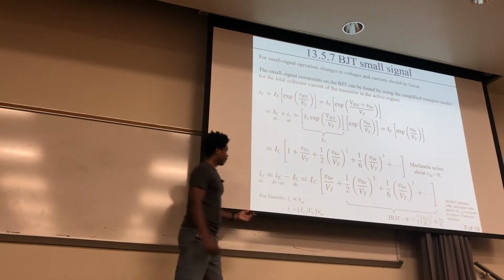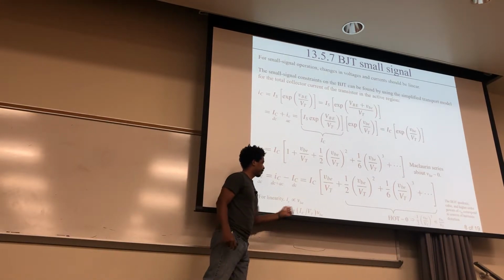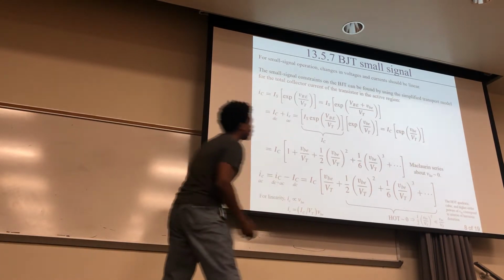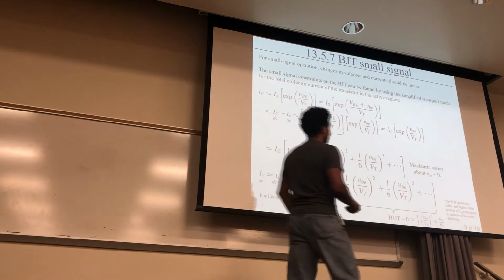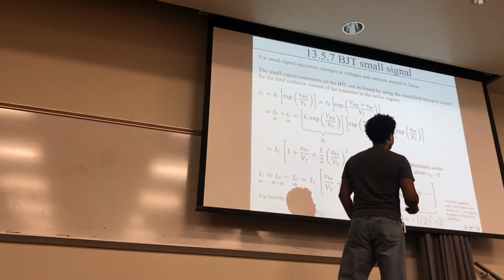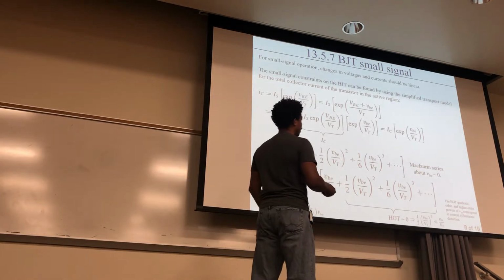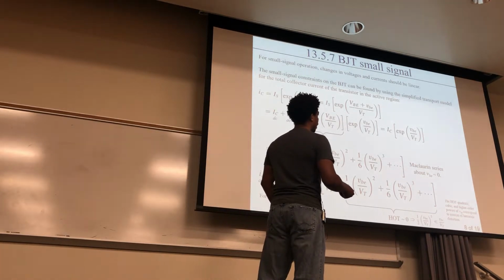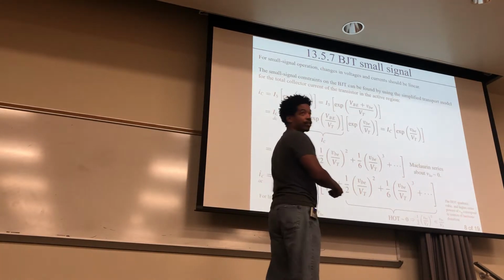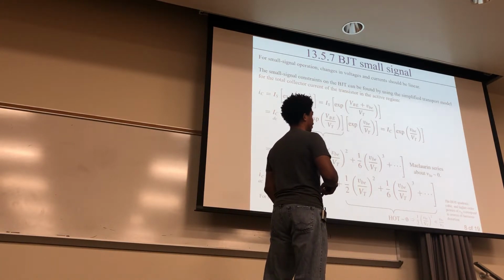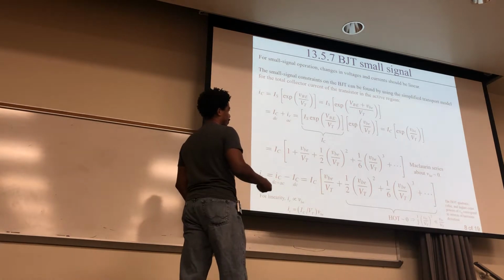You want something that looks like this. Oh yeah, I said over here, these higher order terms, the quadratic term, the cubic term, and higher order powers, correspond to harmonic distortion, which we talked about before, I think in chapter 10. That's harmonic distortion.